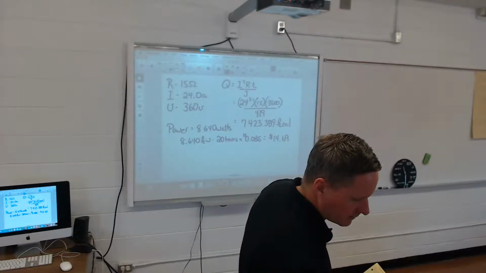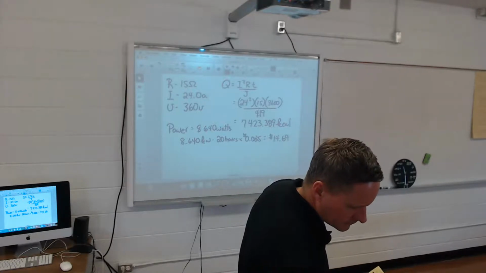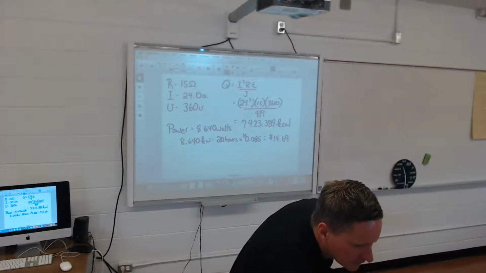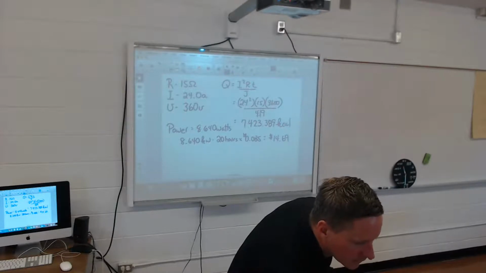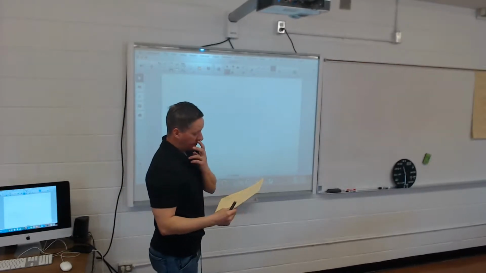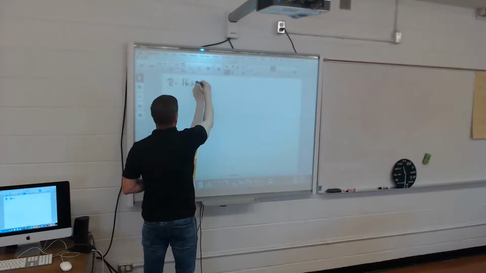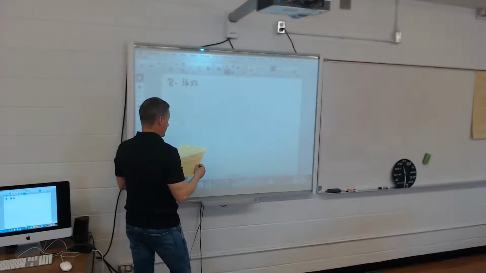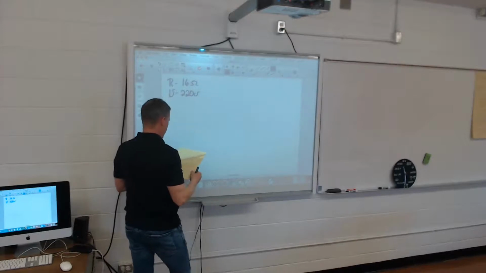All right, let's look at the third one now. Heating element in a percolator has a resistance of 16 ohms, designed for use across a 220 volt circuit.